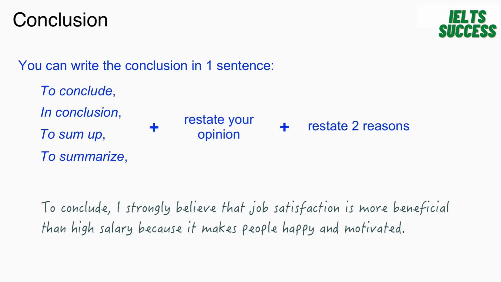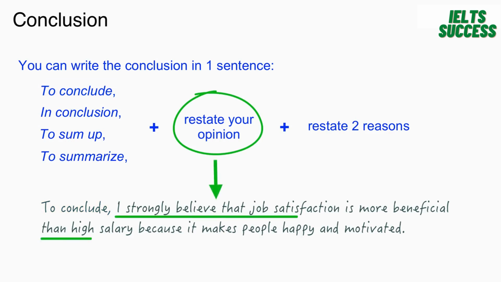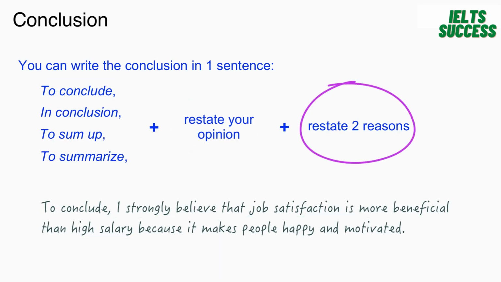As you can see, I started with the phrase, to conclude, showing the examiner that I start writing my conclusion paragraph. Then, I restated my opinion. I strongly believe that job satisfaction is more beneficial than high salary. And after that, I briefly stated the reasons for my opinion.